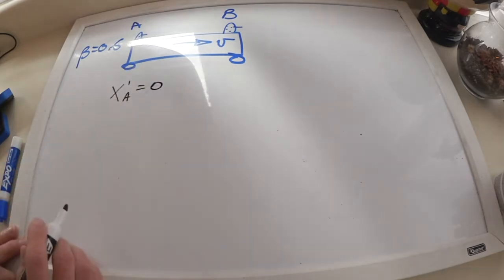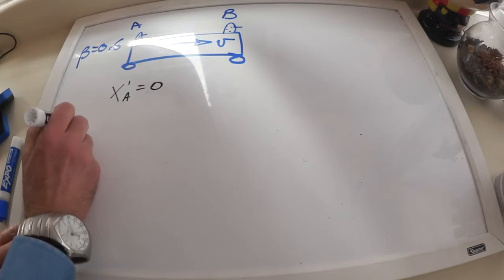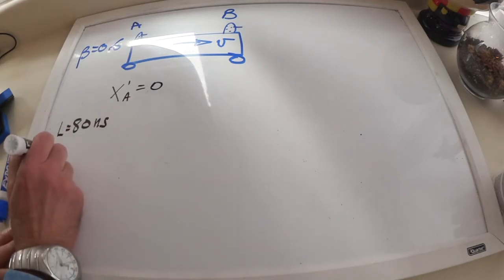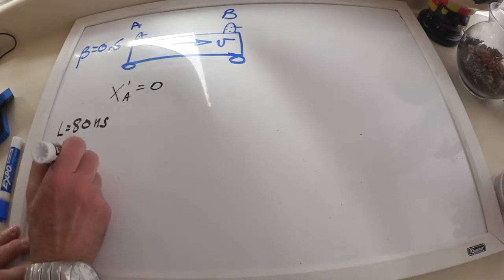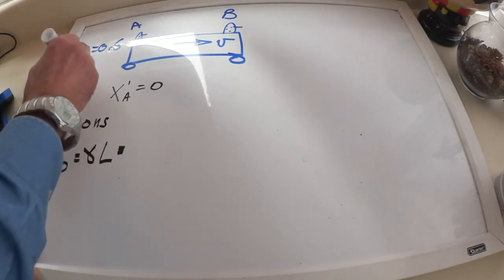What is the distance that the Daleks measure between the two holes? Well, if you in the tunnel measure that both Daleks are separated by a distance of 80 nanoseconds, because of length contraction, this means that in the Daleks reference frame, they are separated by L0 equal to L times gamma.